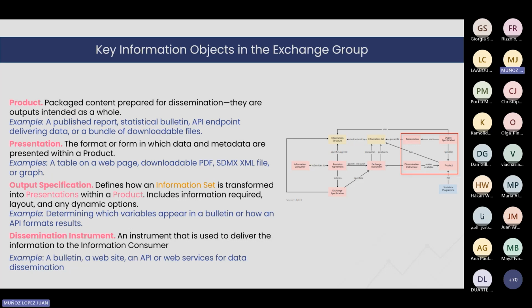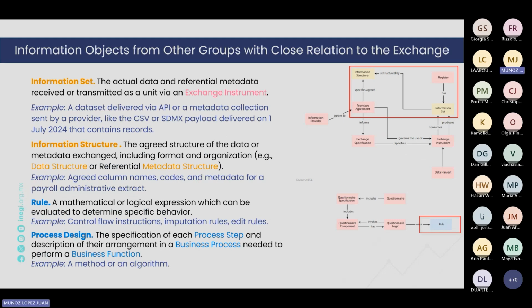Well, you can see that I have used the colors of each group, and these objects that you can see on the screen are those that are very related to the exchange group, because it doesn't exist in isolation.